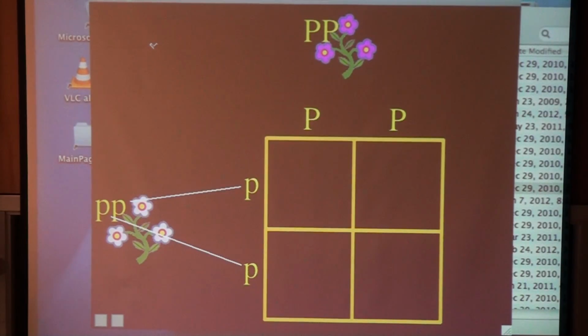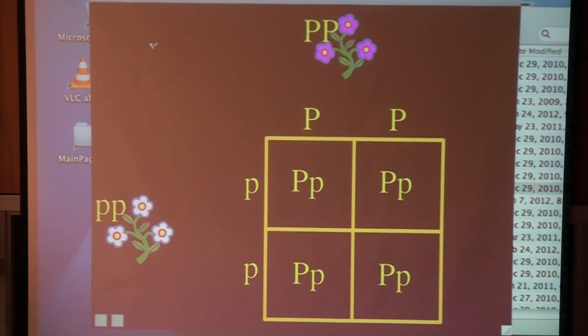And then what you do is you fill in all the squares in the table with the allele above it, and the allele to the side of it, there and there. So your Punnett square ends up looking like that. So what the Punnett square tells you is essentially what the genotypes of the offspring are going to be.